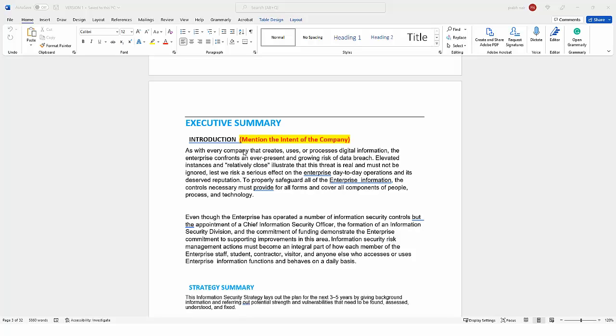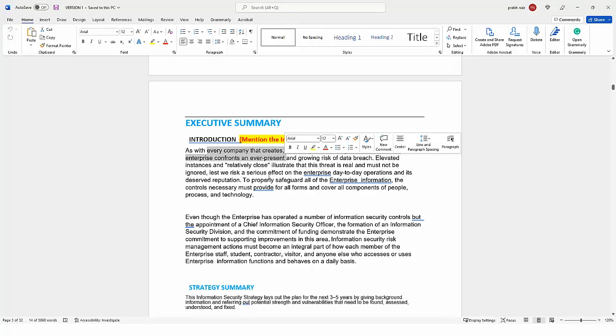So in the executive summary, you need to give the intent of the company, and also you need to address the intention of the security strategy. You can see, as companies create, use, and process information, enterprises confront an ever-present, growing risk of data breach, and elevated incidents illustrate the threat is real.